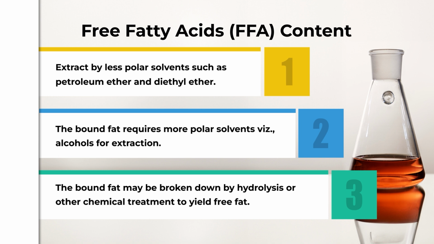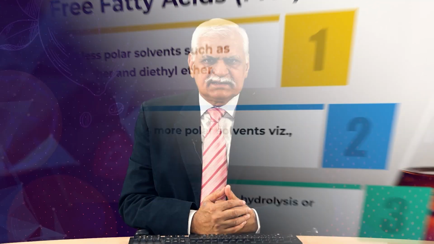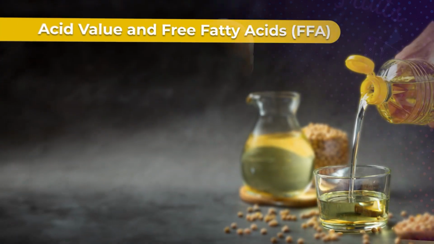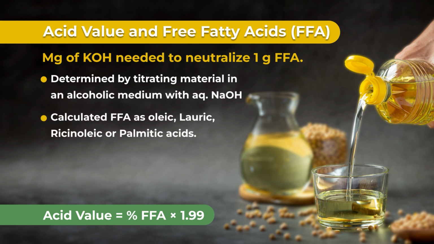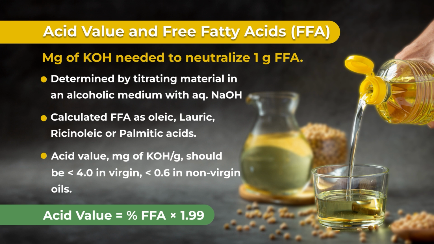Once you know the free fatty acid content, you will be able to measure the acid value of the oil and fat. And remember, acid value, that is free fatty acid, is not desirable in oil and fats for food production. So acid value and free fatty acid are one and the same thing. For finding out how much acid value is present in the food, the free fatty acid which we collected, we titrate with potassium hydroxide.